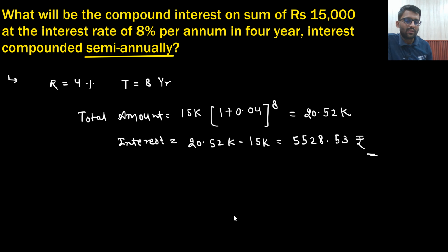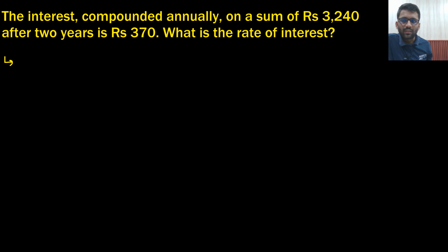So from the calculator we can solve it in a better way. This was a simple question, just to give you the concept of compounded semi-annually. That means the interest rate should be halved and the time should be doubled, right? Let's move to the next one.